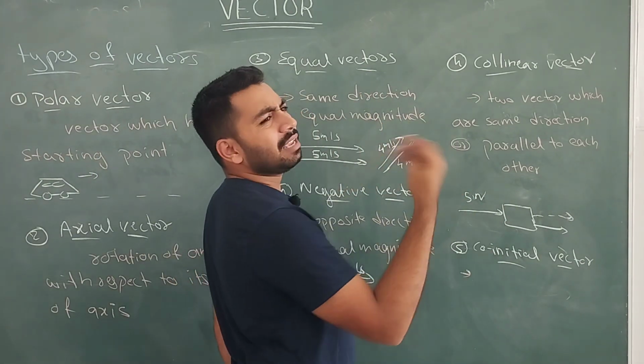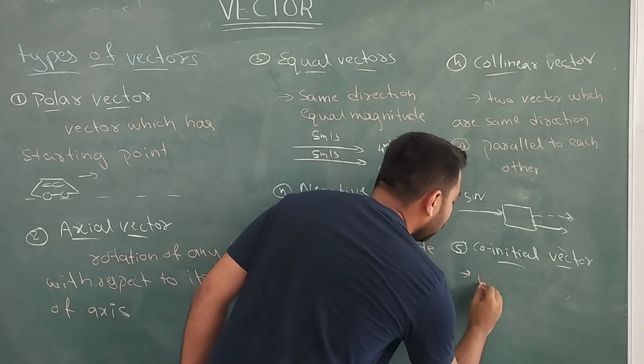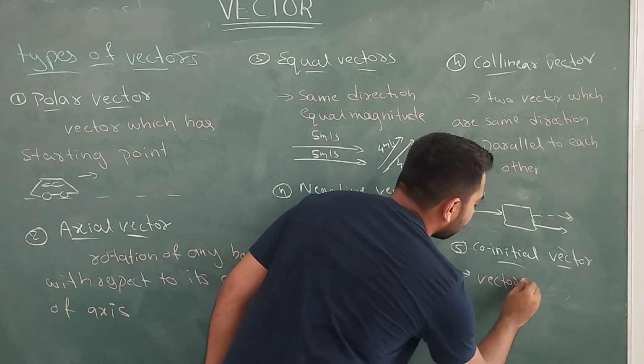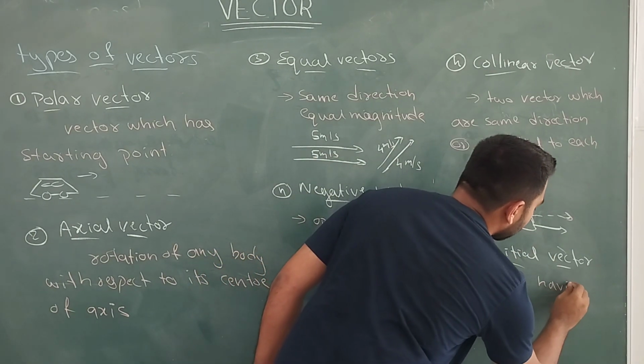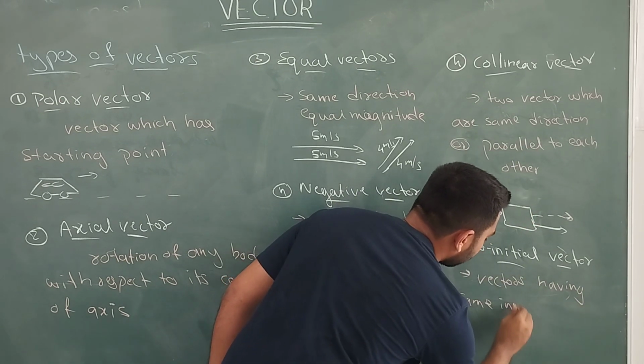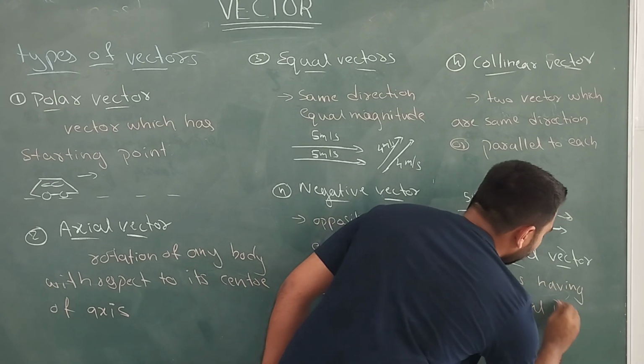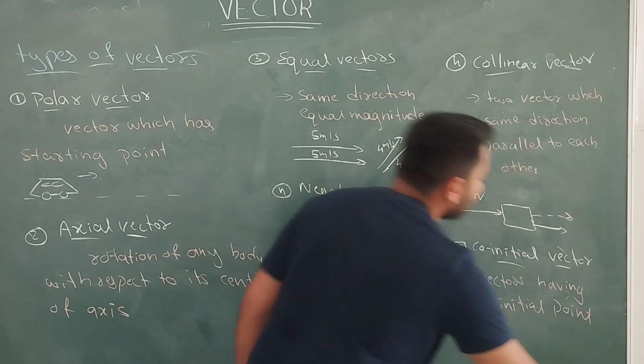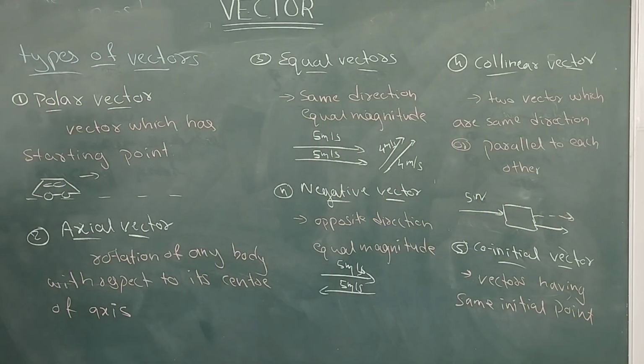Many vectors, or the same vectors, having the same initial point. Now if you want, take down, we will discuss this co-initial vector a little more. Vectors having the same initial point.